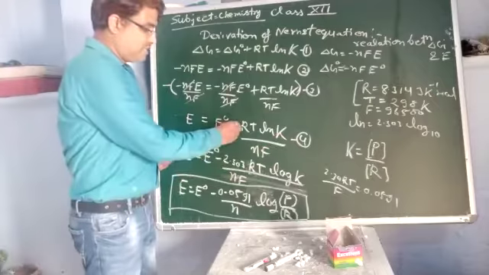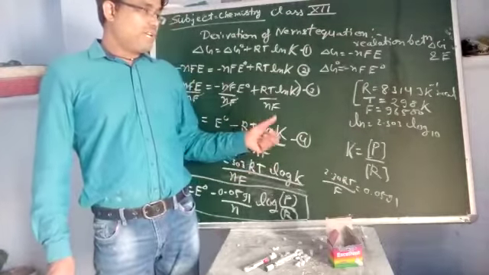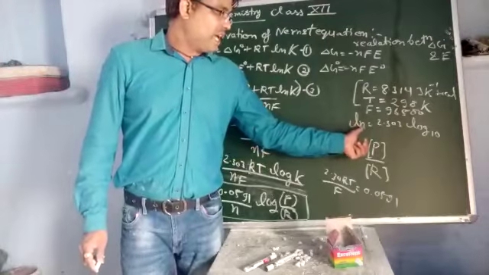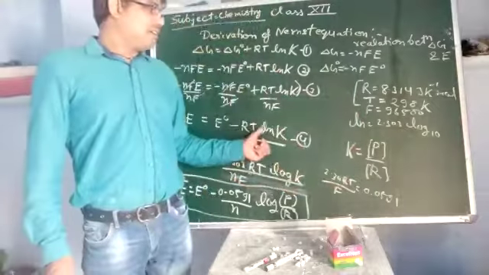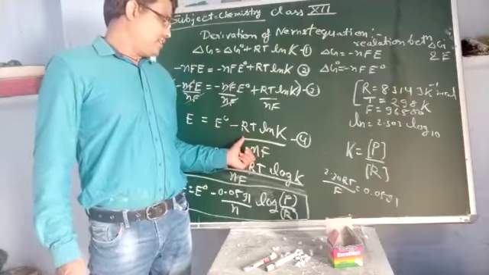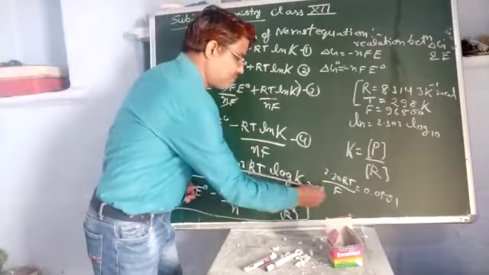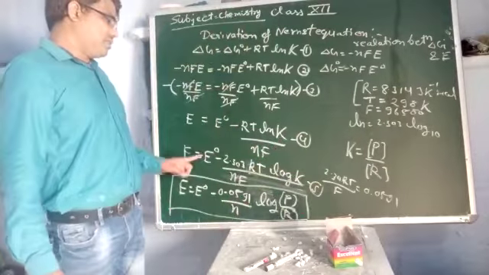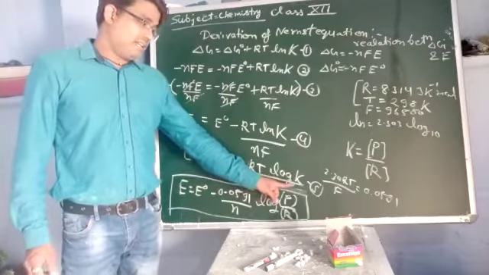In this equation, ln K is natural log, so we convert it into log base 10. The formula is ln is equal to 2.303 log base 10. So we replace ln by log base 10, and we have the next equation, that is E is equal to E naught minus 2.303 RT upon nF log base 10 K.